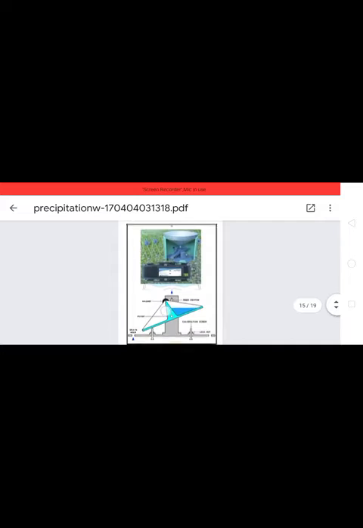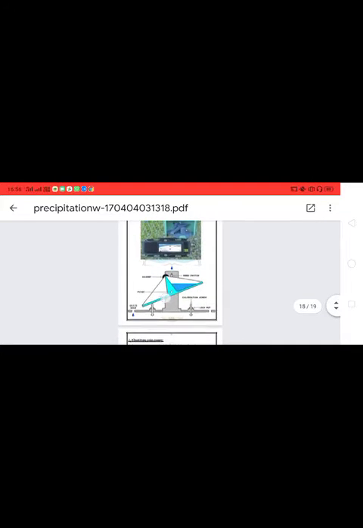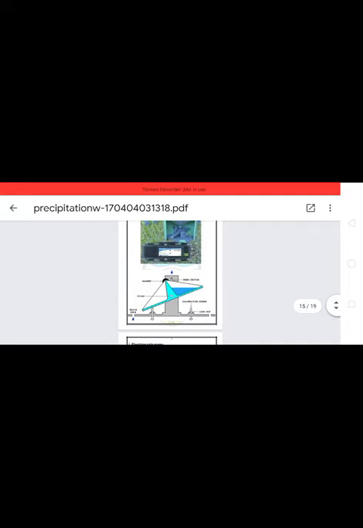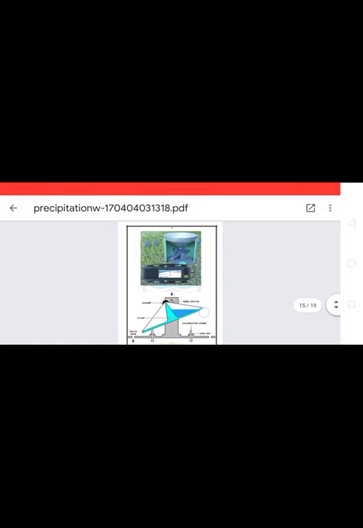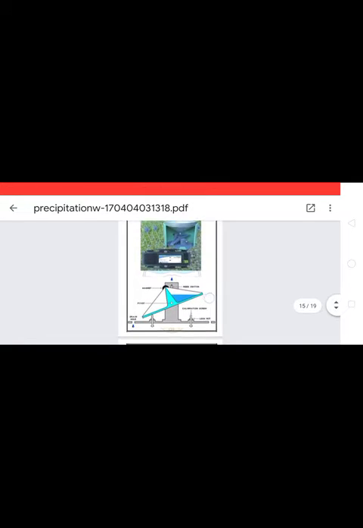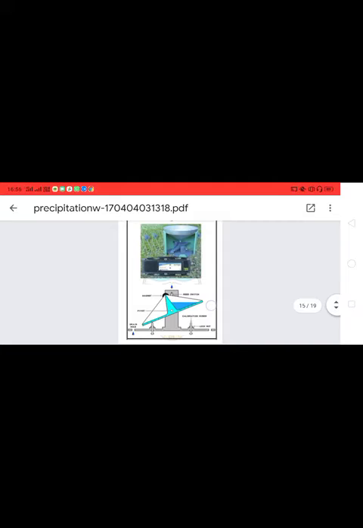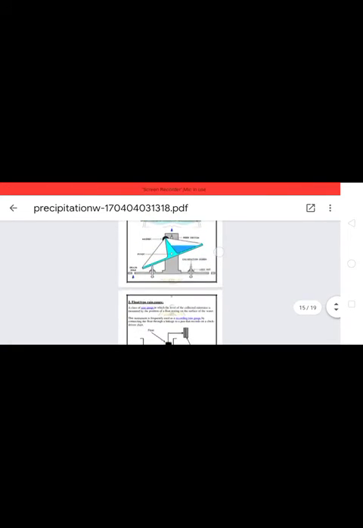After reaching 2.5 mm rainfall in each bucket, the bucket goes downward, and the second bucket comes to collect the next rainfall. A graph is attached, and a pen type of arrangement is attached there, and a graph will be generated which will give you the desired value of rainfall.